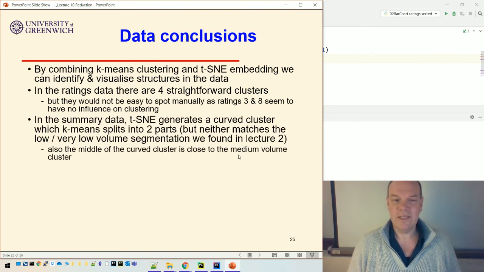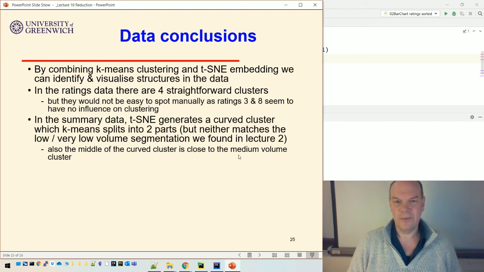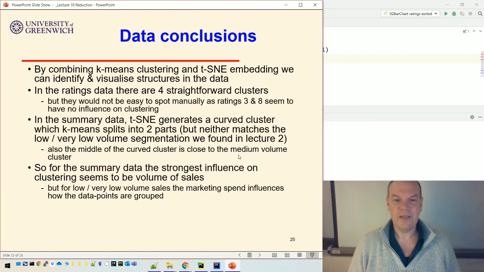In the summary data, tSNE generates that red-blue cluster that gets curved and split into 2 parts, but doesn't match anything exactly that we found in lecture 2. So it looks like for the summary data, the strongest influence is the volume of sales, but then for very low volume sales, the marketing spend seems to influence how the data points are grouped.